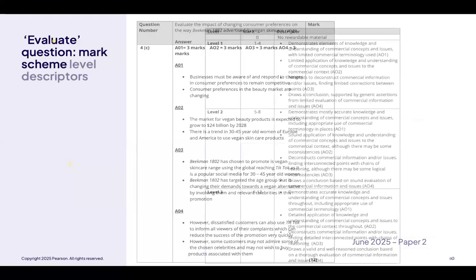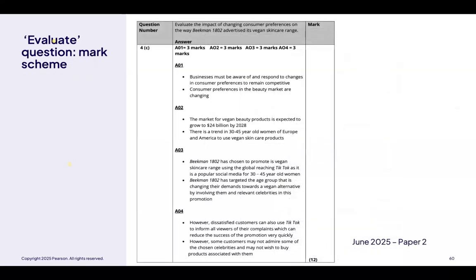However, maybe not. Now, I'm going to attempt to annotate this once more, so just bear with me. Let's go with a different color this time.